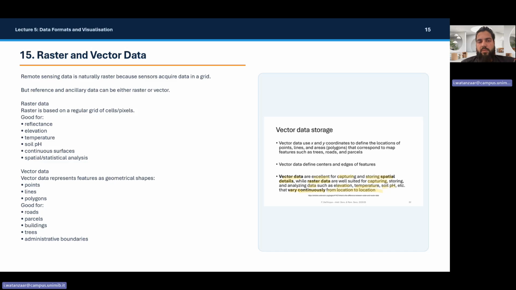So for these purposes, raster data is very good. Vector data represents features as geometrical shapes like lines, points or polygons. This is good for roads, parcels, buildings, administrative boundaries, trees and all these. So this is the benefit of vector data.